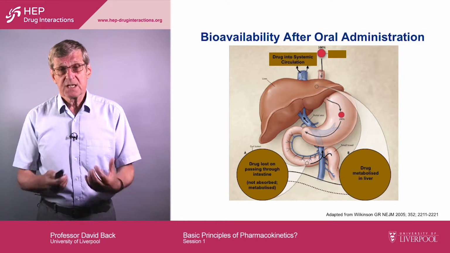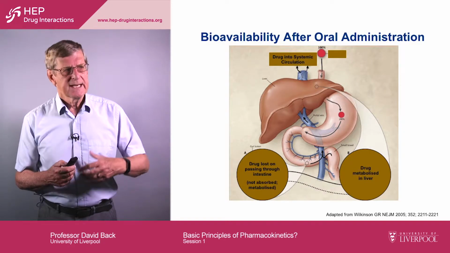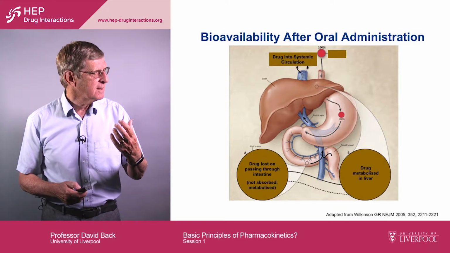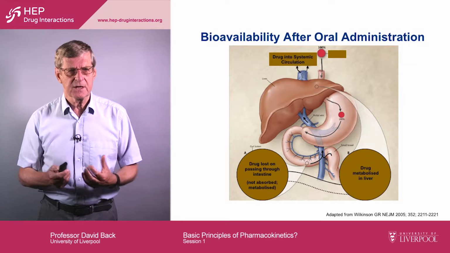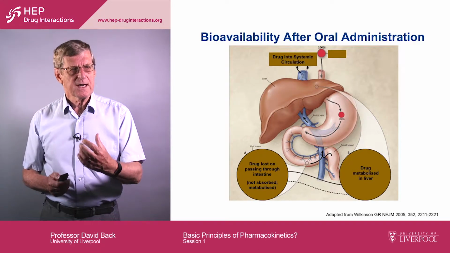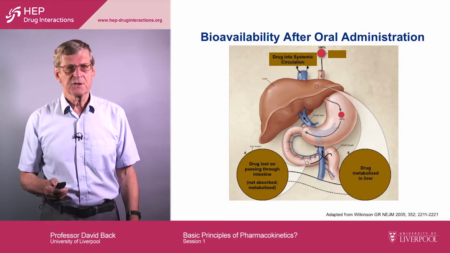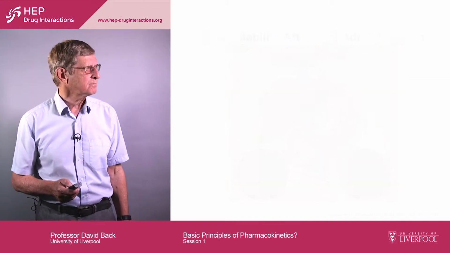And then when the drug is being absorbed from the intestine into the bloodstream, it has to go through the liver. So drug can be metabolized in the liver. So what drug actually gets into the general systemic circulation may only be a fraction of what is being taken in that tablet which the patient is taking. So we have to think about what bioavailability is.